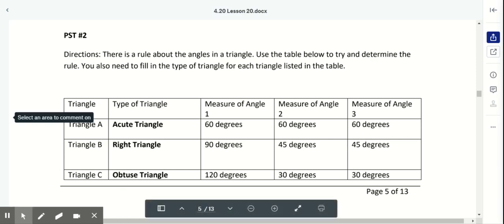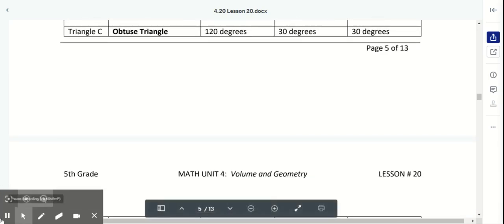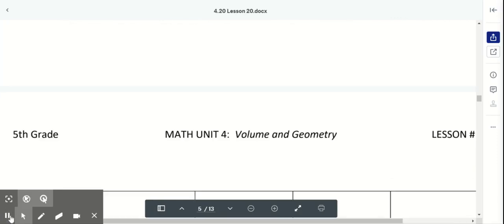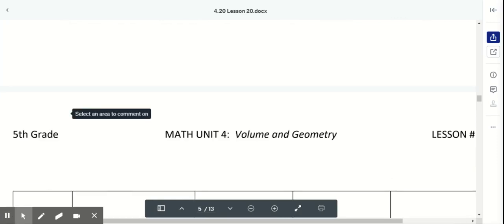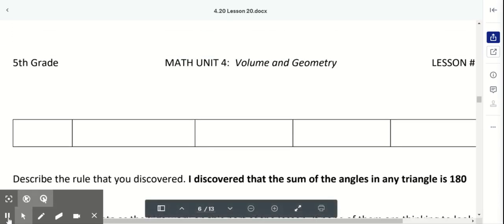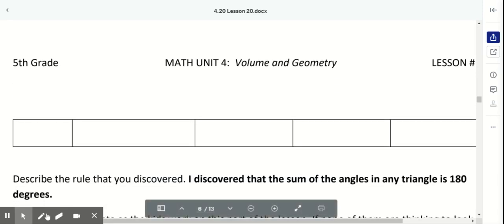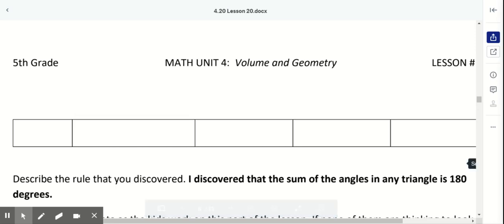Now I want you to describe the rule you discovered. You should have discovered that the sum of the angles in any triangle is 180 degrees.